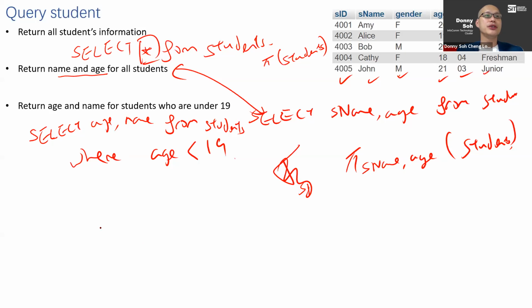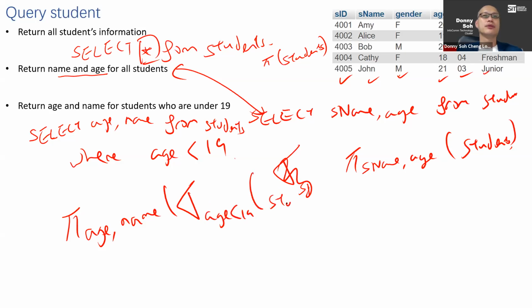If we convert this to relational algebra, I want only the age and the name, with age less than 19, from students.